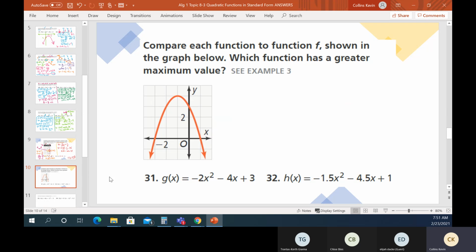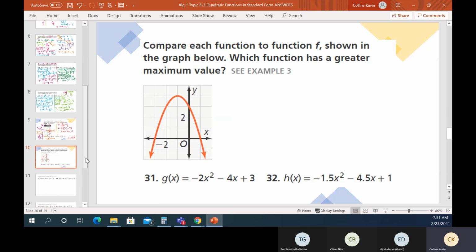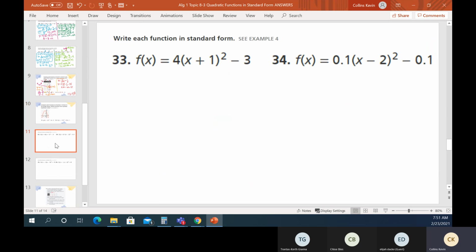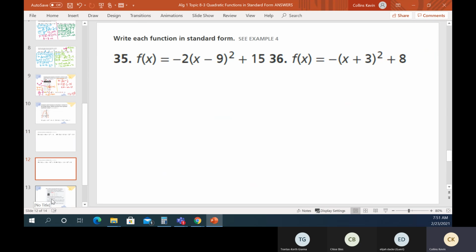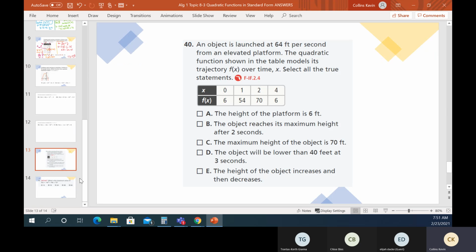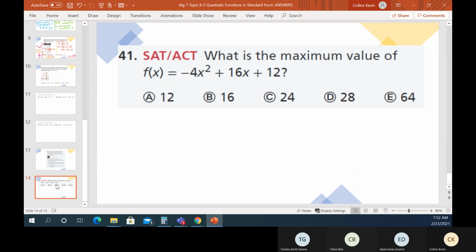So we'll probably save that for next time. Let's see if there's any other ones we can do real quick. Write each in standard form. Yeah, that's going to take a minute. I'd say let's call it there. We don't really have enough time to get another one in today. So we'll wrap this stuff up next time.